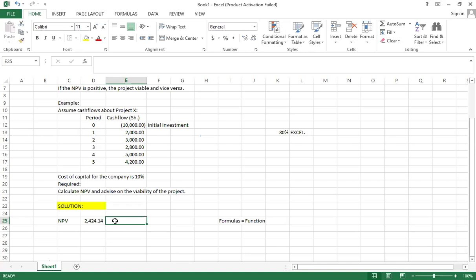Excel is very powerful. You don't go through the long procedure that you went through when you did this manually. All you need to know is the function for the NPV. So I will repeat. Allow me to zero this. You start with an equal sign, and you can just erase what you have and start again.